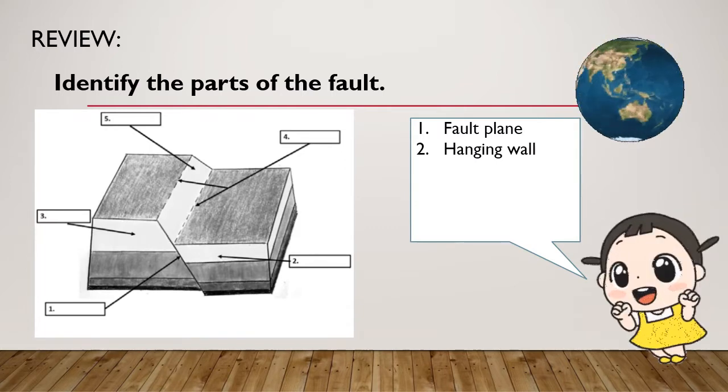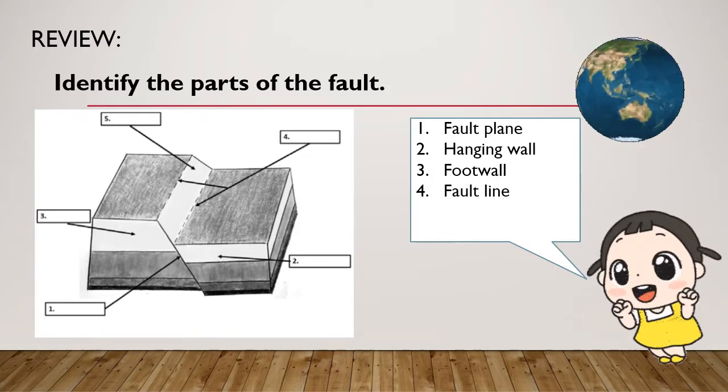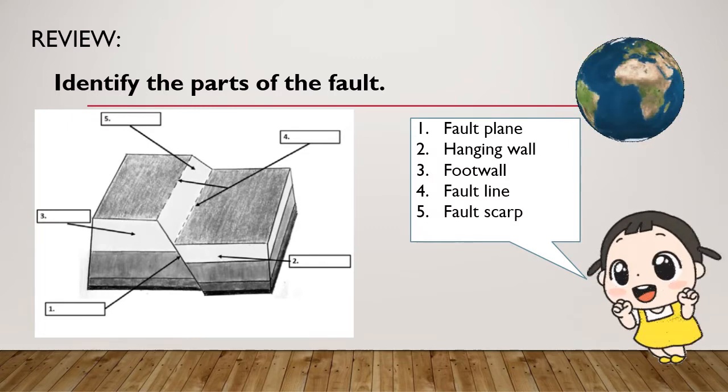How about number 3? Very good. It's a footwall. How about number 4? Very good. It's a fault line. How about number 5? It's a fault scarp. Okay. You indeed have learned something from our lessons last time. Very good job. Well done, everyone.